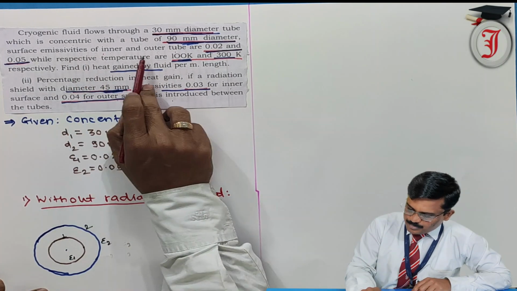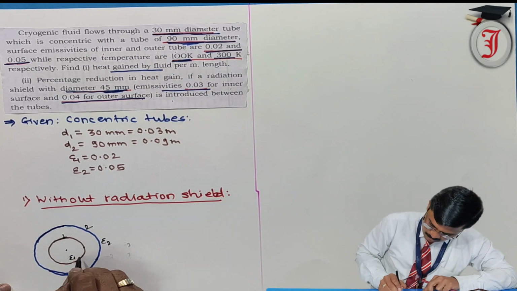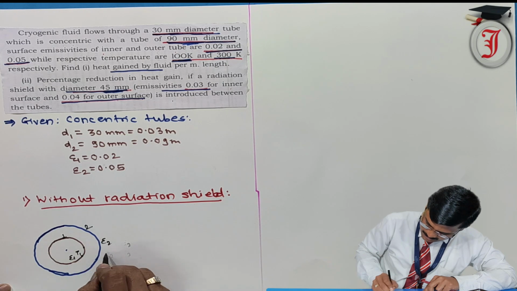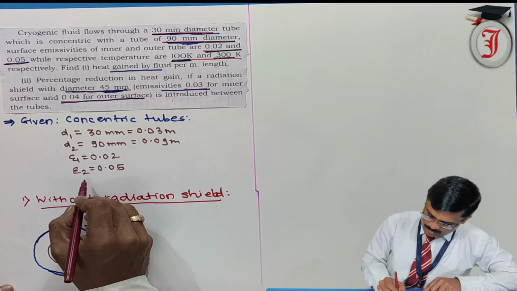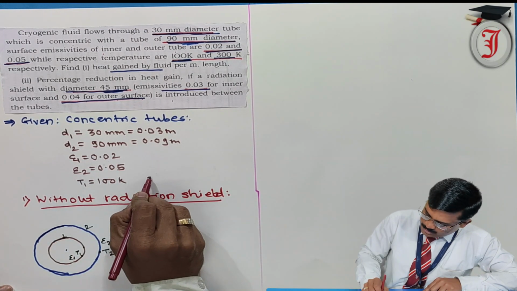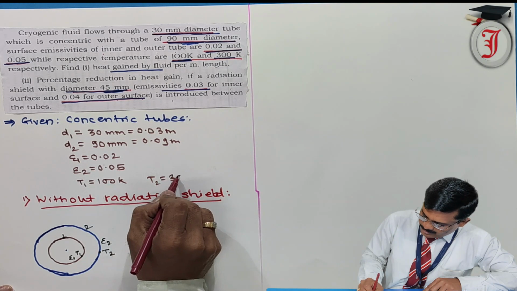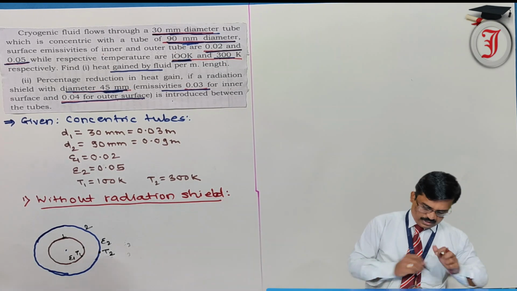And the respective temperatures are 100 and 300 Kelvin. Let us assume the temperature of the inner tube is T1 and the outer tube is maintained at T2. So T1 is equal to 100 Kelvin and T2 is equal to 300 Kelvin.